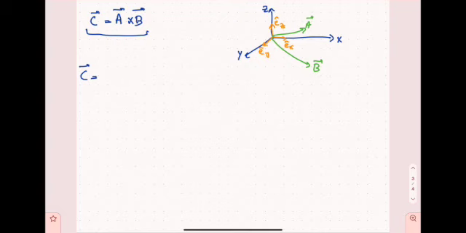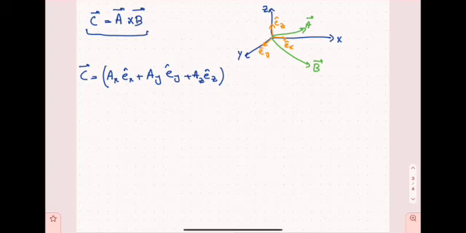So A, what is A? We said this before. It is A_x e_x plus A_y e_y, so a linear combination of the components, plus A_z e_z.